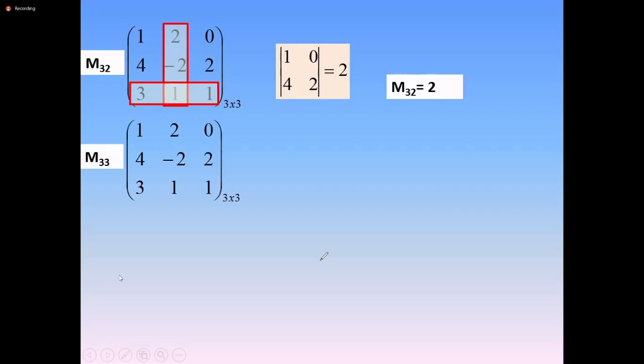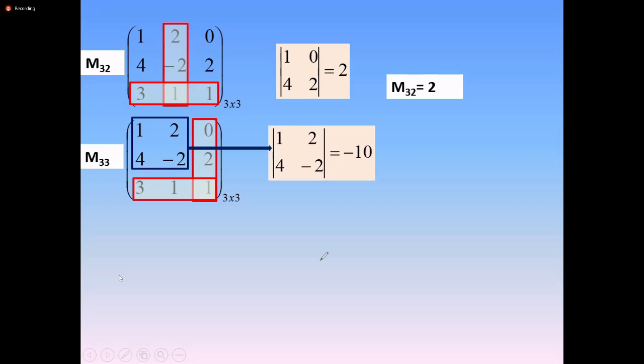Then the very last element is the third row, third column element. What is the associated minor value then? Close the third row and third column. Then the remaining figures are 1, 2, 4 and minus 2.